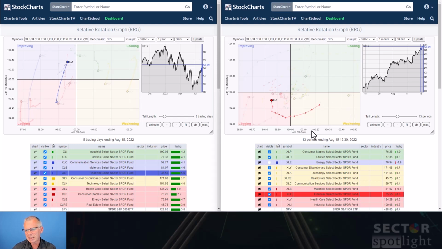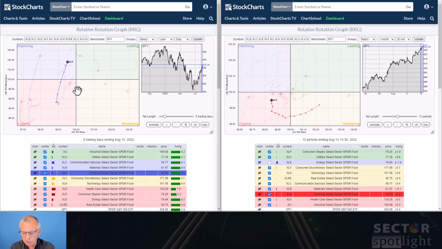You can see that it is inside lagging and starting to curl up. Remember, on the hourly, it was still here. So with the 30-minute already starting to curl up, I'm starting to think that if this strength of momentum translates over into the hourly RRG, there is a very good chance that we get that curling back up towards the leading quadrant, getting back into sync with the daily RRG.